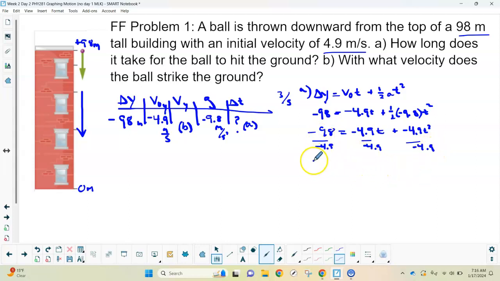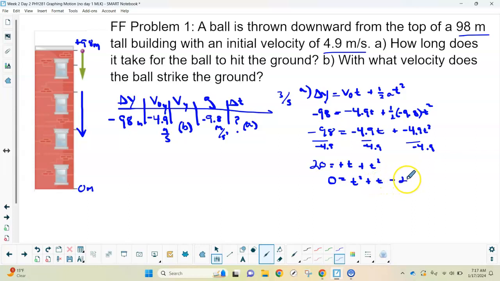So it's 20 equals negative t plus t squared. I'm going to bring the 20 over to this side, so I have 0 equals, and then regroup the order: t squared plus t minus 20.